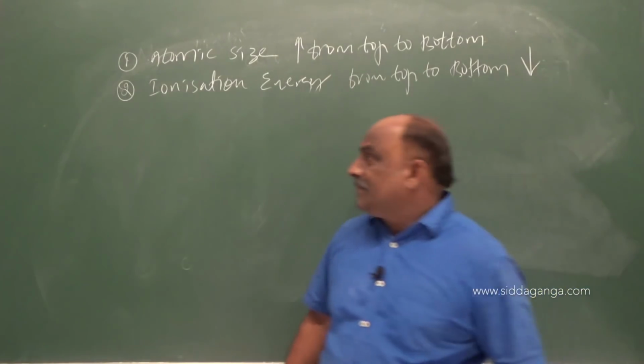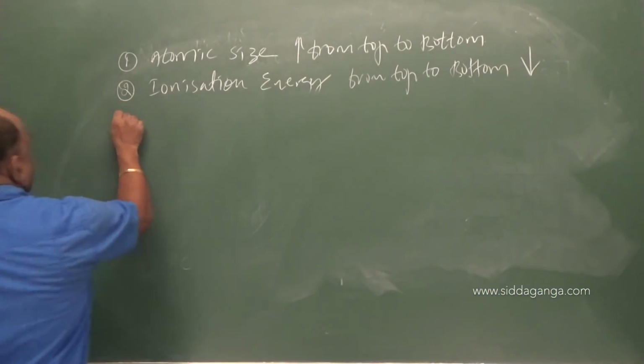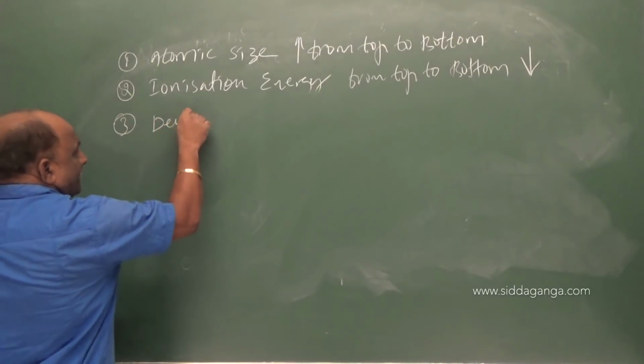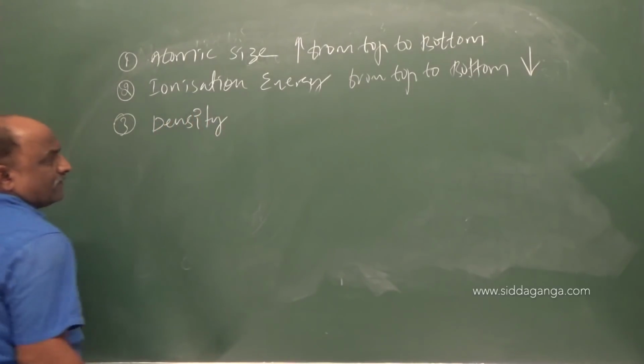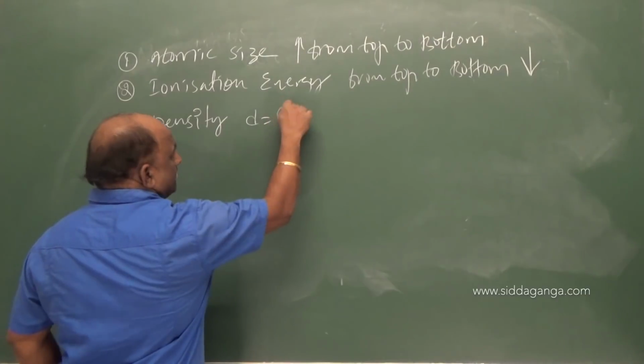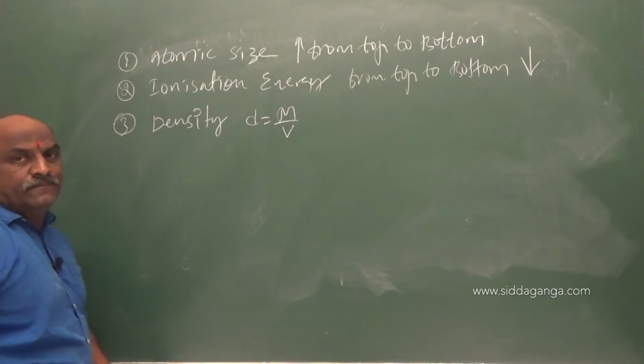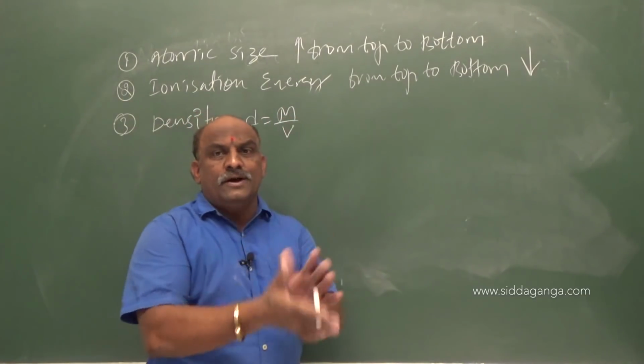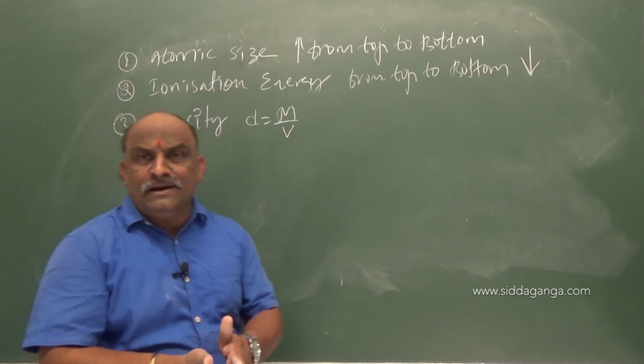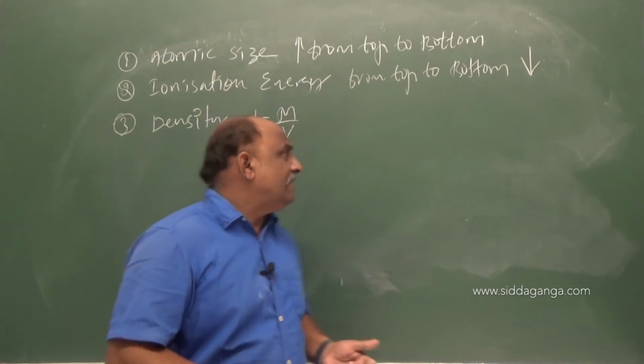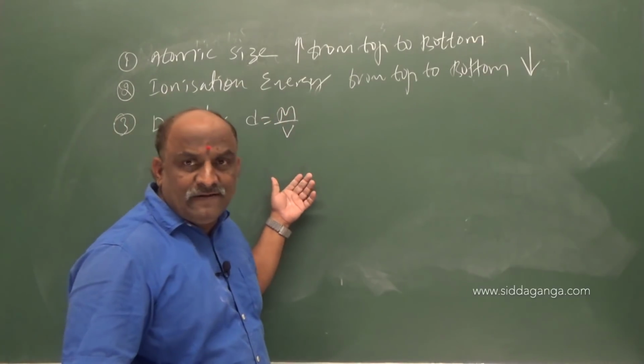And the third one is density. We know that D equals M by V. While going from top to bottom, atomic number increases, atomic size increases, mass also increases.